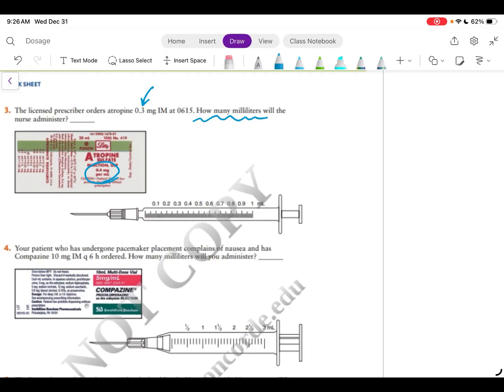So I'm going to use that to set up my problem, right? If I'm looking for milliliters, I have to start with X mL. From the label, I know that there's 0.4 milligrams in 1 milliliter. Ooh, that's a little wonky. Let's try that again.